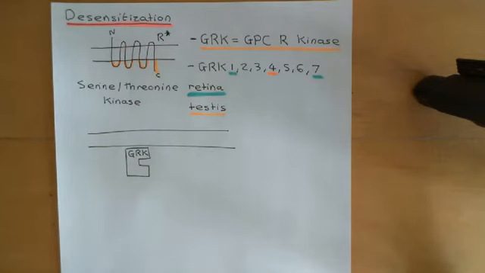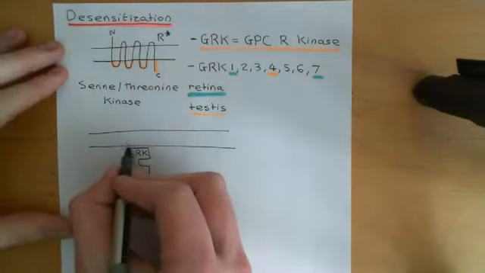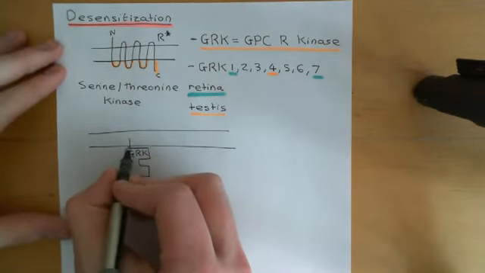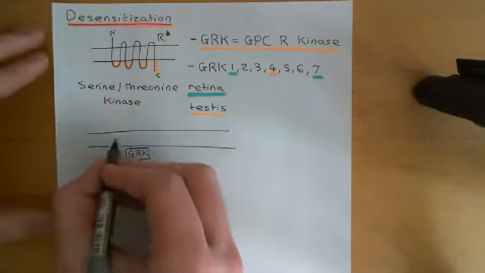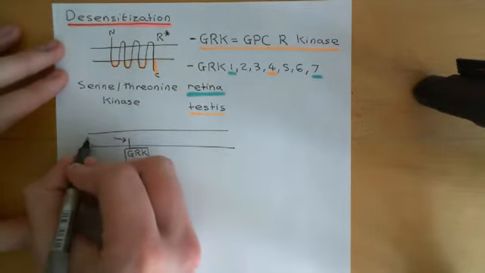Well, the answer to that depends on which GRK you specifically pick here. Some of the GRKs have lipid moieties attached to them, which then implant into the inner leaflet of the phospholipid bilayer and therefore hold the GRK attached to the underside of the phospholipid bilayer. Okay, so this is the answer for many of them.